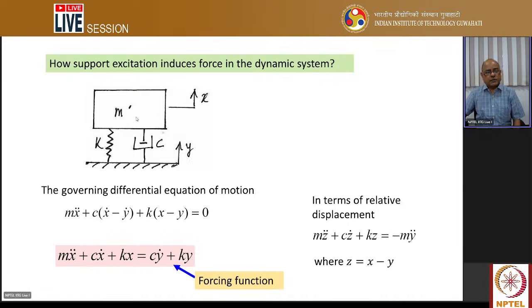the support has a displacement y, but you can see there is no force. If the support has a displacement y, we can write the differential equation considering the equilibrium of the mass.